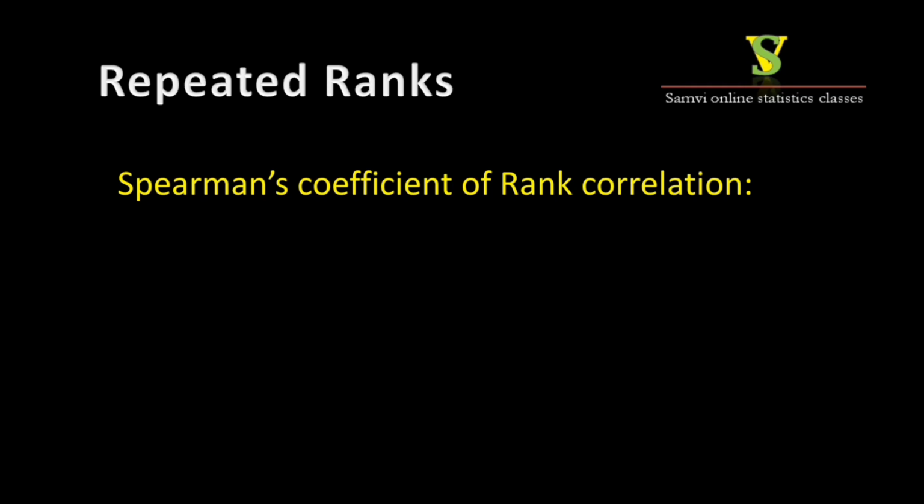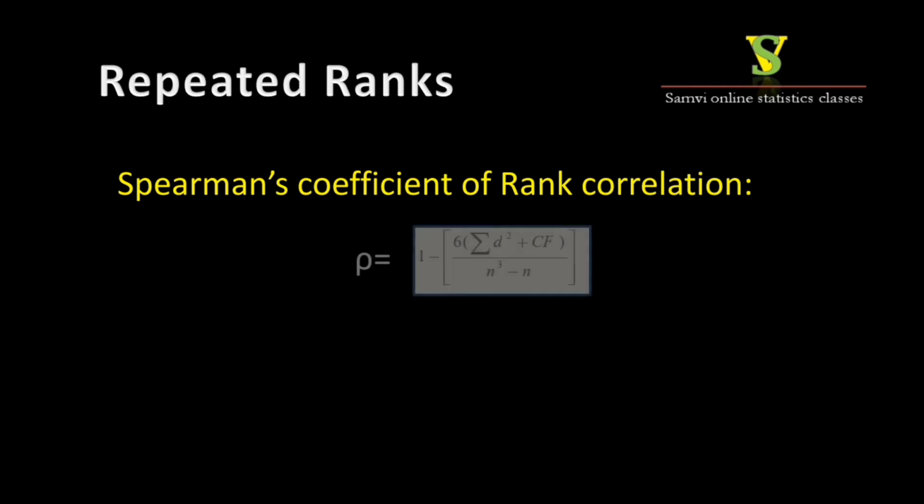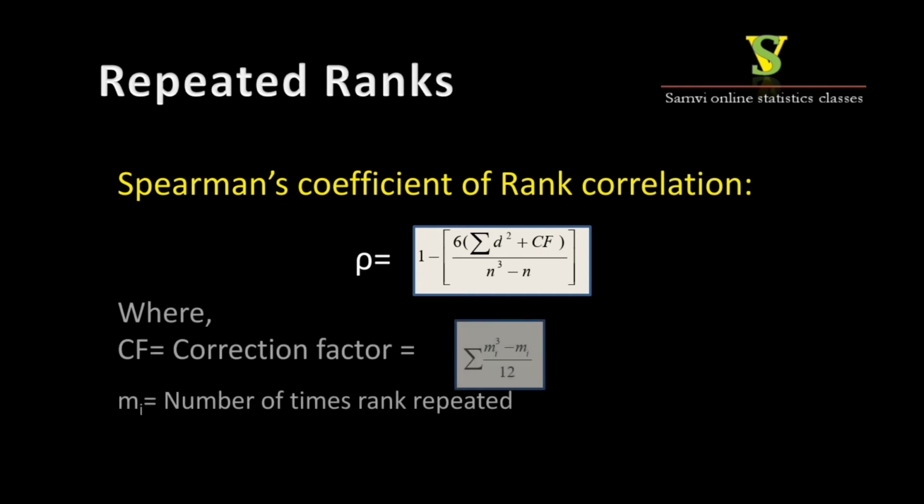Here Spearman's coefficient of rank correlation is calculated using the formula rho equals 1 minus 6 in bracket summation of d square plus CF, close the bracket, divided by n cube minus n, where CF is the correction factor, which is calculated like this: summation of m cube minus m divided by 12. So here m indicates the number of times the ranks are repeated.